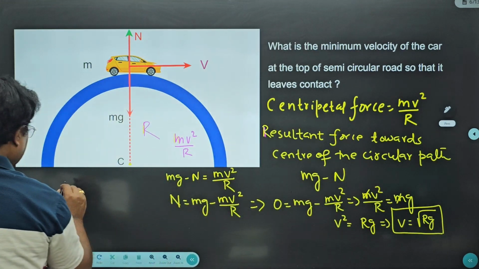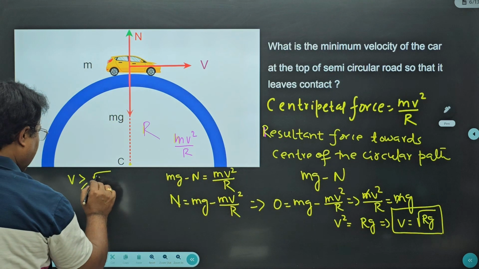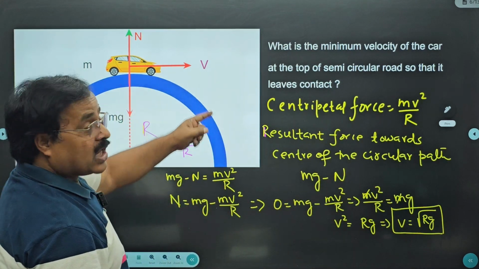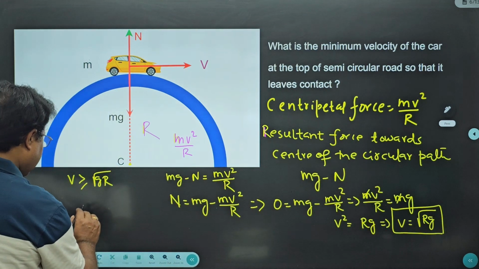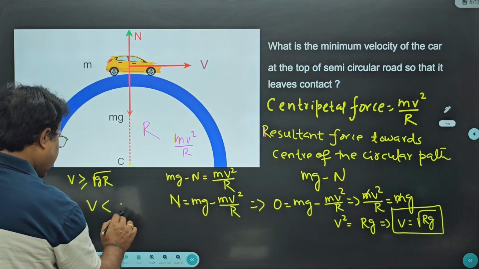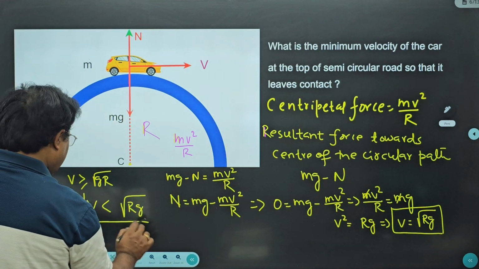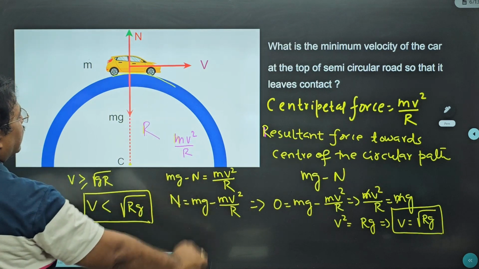It means if the speed is greater than or equal to root over of gr, or rg, you can say, it leaves contact with the semicircular surface at its top. If it is less than this, then it can easily negotiate this semicircular path at its top.